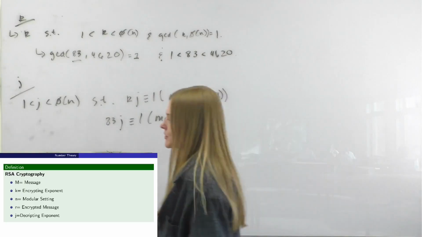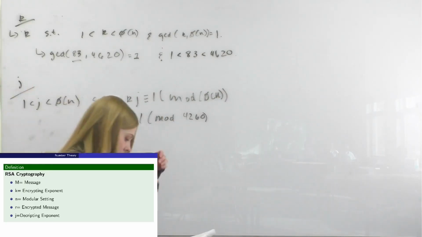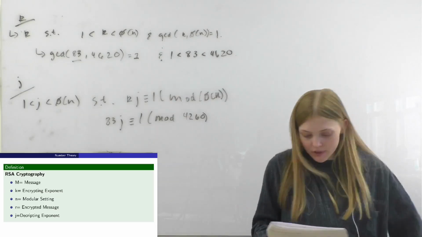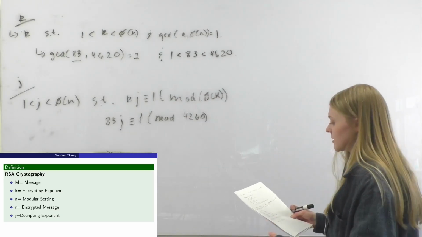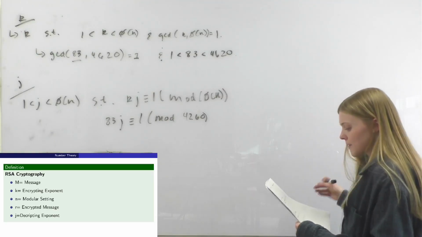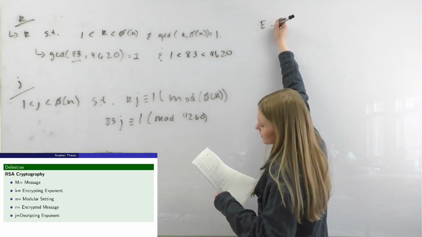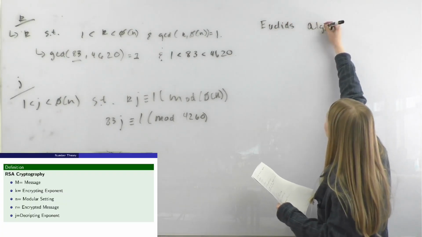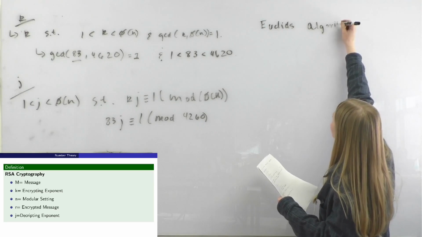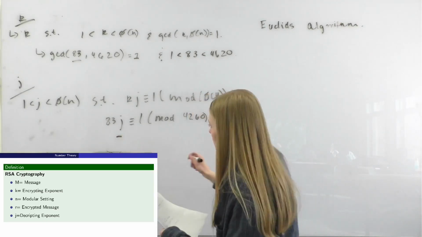Actually, this is pretty cool. The cool thing about RSA is it just uses a lot of number theory topics. Like, I didn't cover this, but we're going to see it here. So basically, this is Euclid's algorithm, and it's going to allow us to find j here.